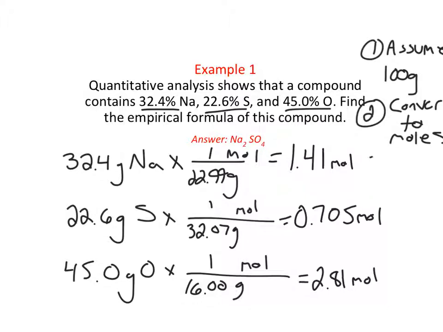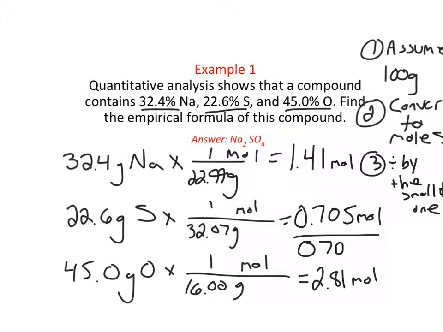Now for step 3, I want to divide by the smallest one. What I'm doing here is using a ratio to determine what those subscripts are for the empirical formula. 0.705 is my smallest number, so I want to divide all of these by 0.705. When I do that, I should get whole numbers.